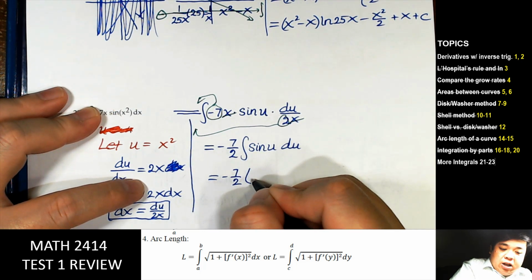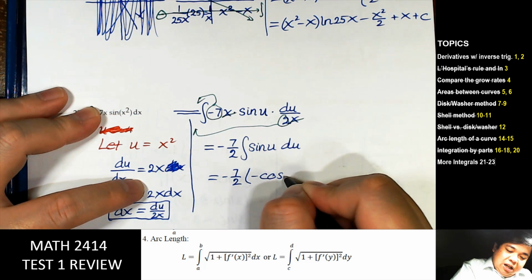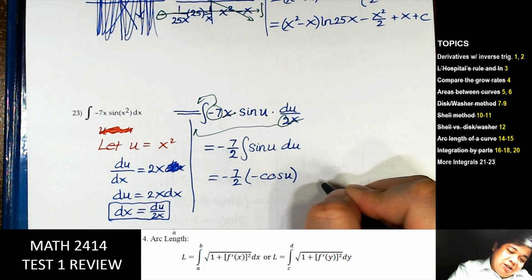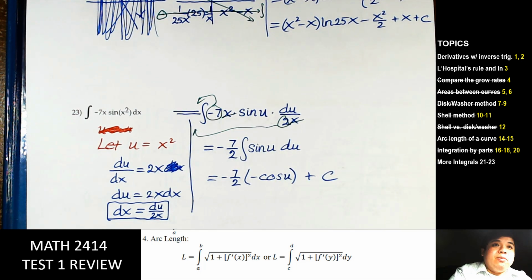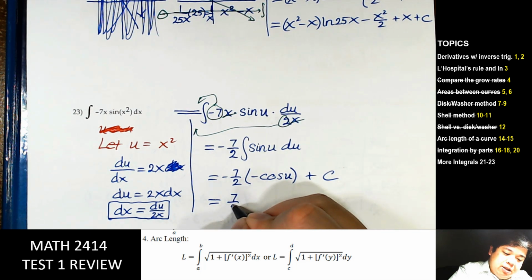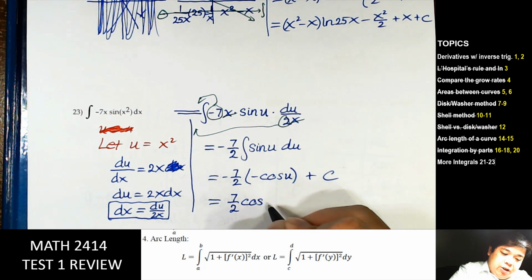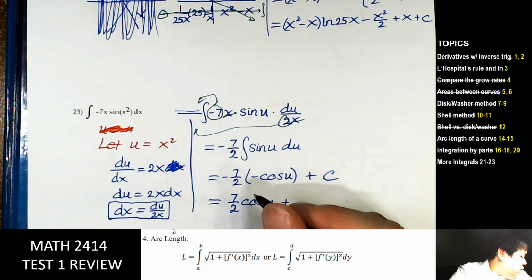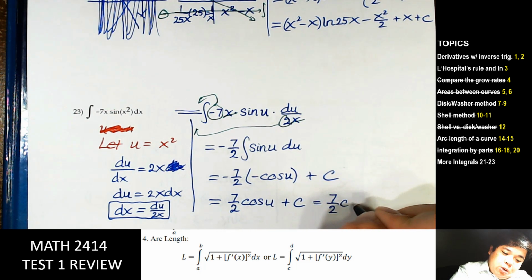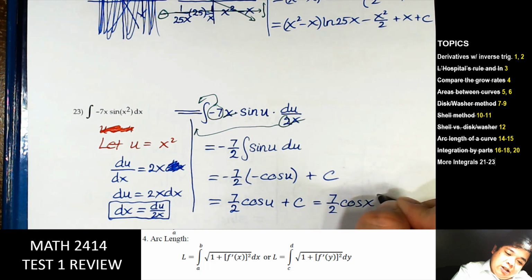Antiderivative of sine is negative cosine. So 7/2 cosine of u plus c. 7/2 cosine of x squared plus c.